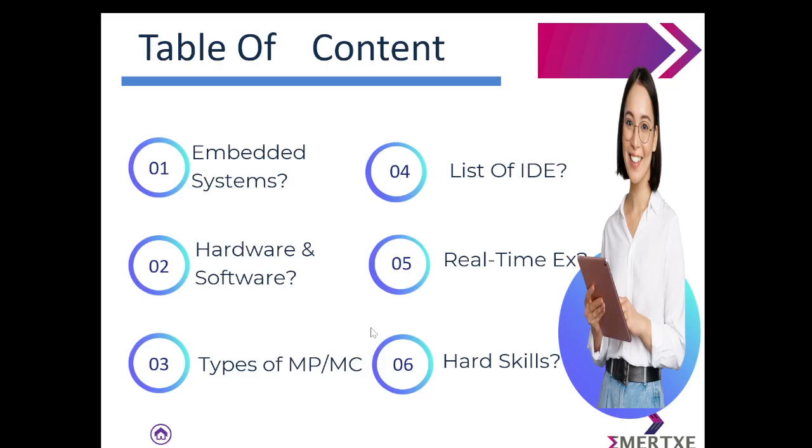In embedded systems, an embedded system is a computer system built into a device to perform a specific function or set of functions. For example, a microcontroller inside a washing machine or a car braking system. In hardware and software, hardware is the body and software is the brain that controls it.